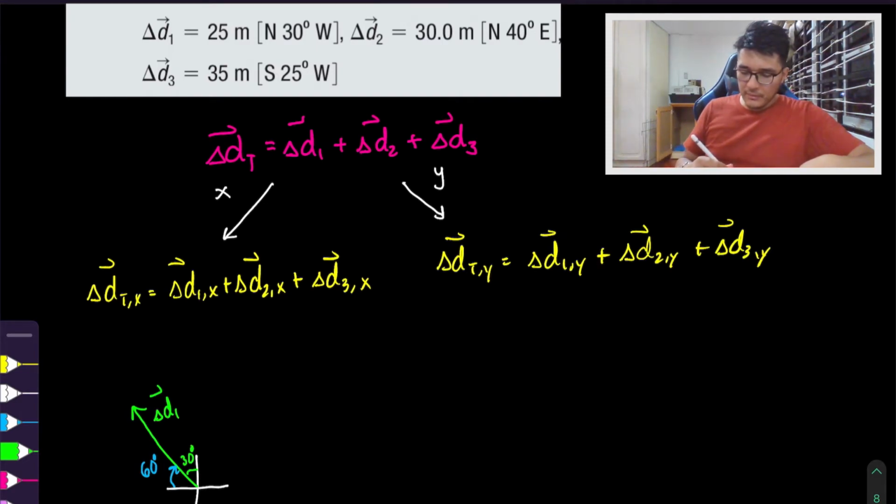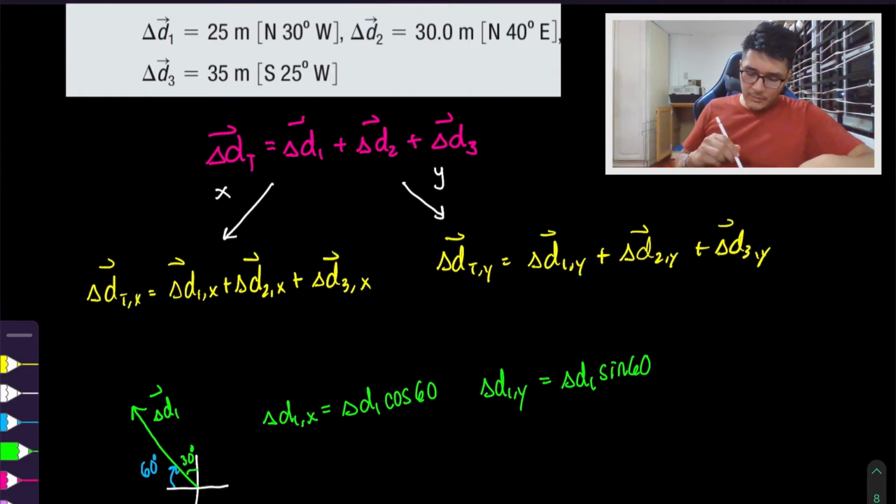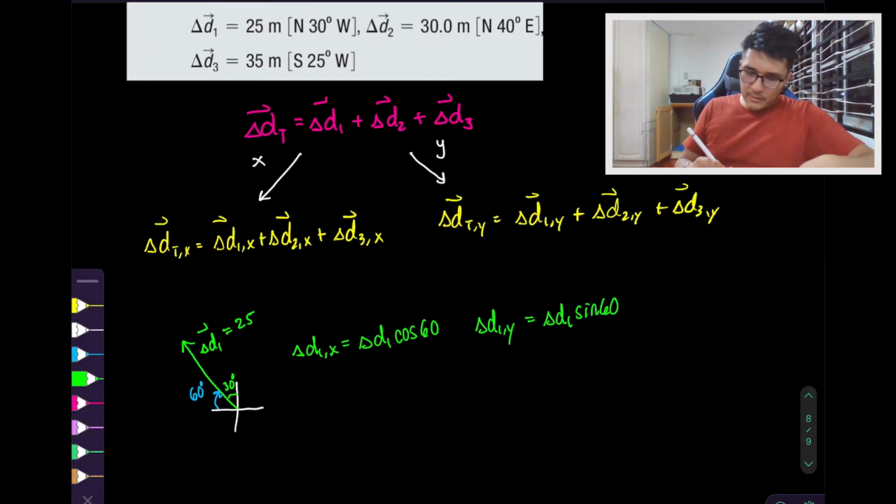So delta d1x is delta d1 cosine 60, and delta d1y is delta d1 sine 60. And what was delta d1 equal to? It was 25.